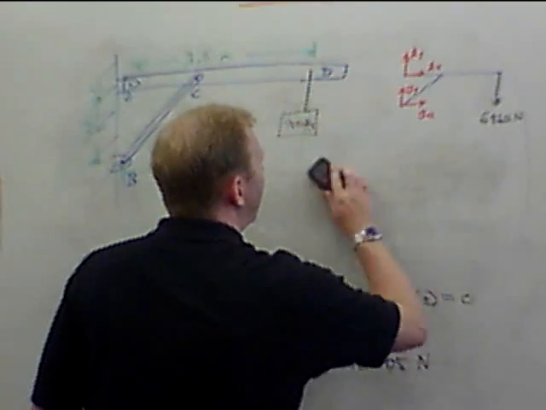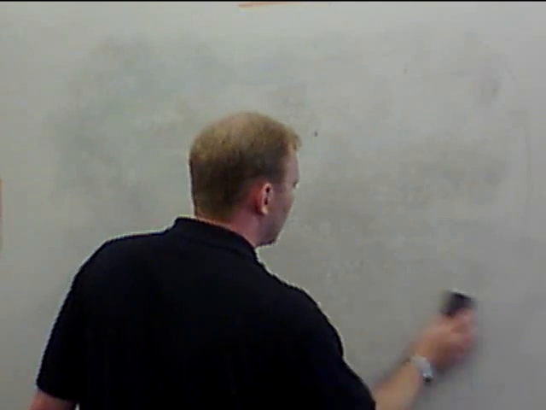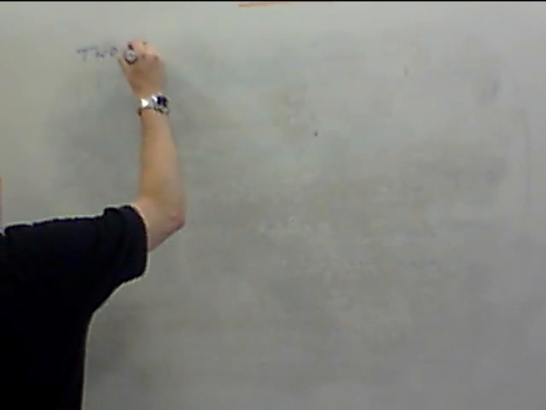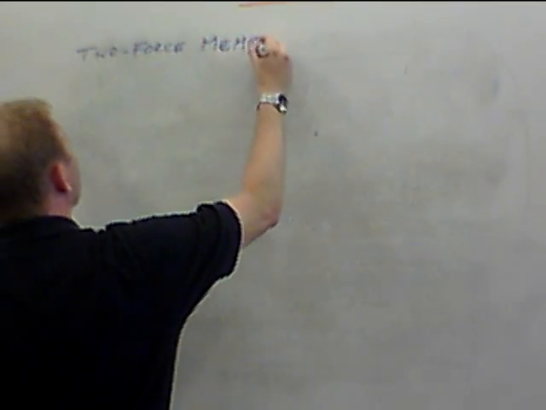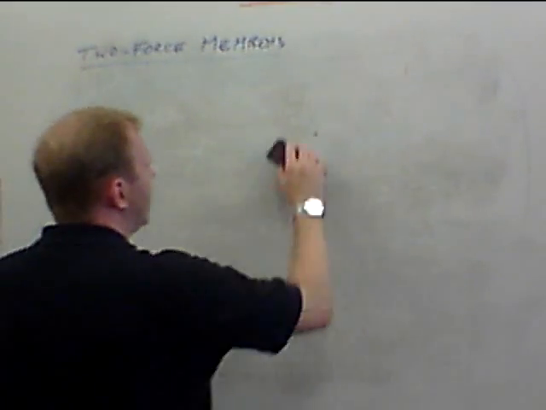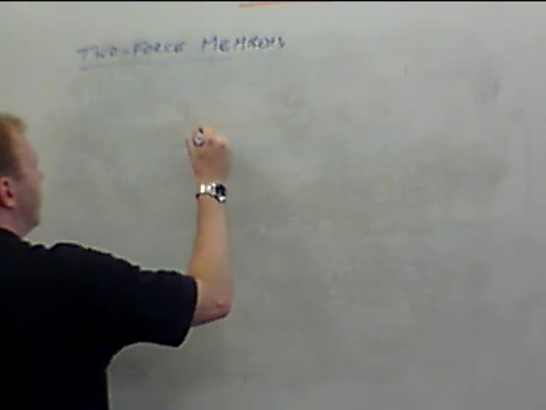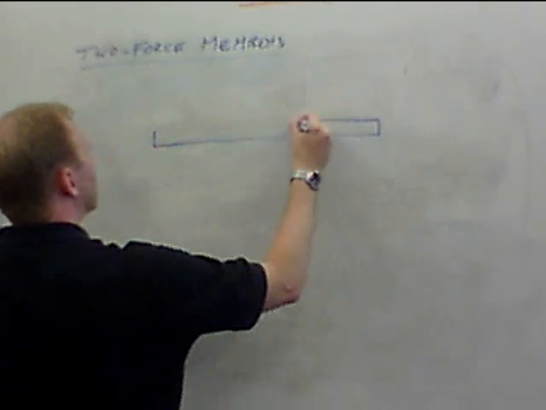So taking a look at, in particular, leading into the topic here, is two force members. This is the case when we're looking at any beam, piece, member of a structure that has, let's draw a little beam here. I'm going to try and draw something a little bit neater.